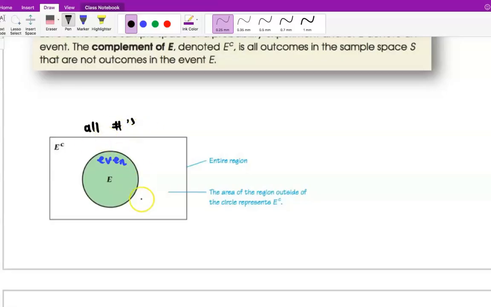So all numbers that we have. And here on this part we have the complement of E, meaning that I'm not going to have the numbers that I have inside the circle outside of that range. So on this part I have odd numbers. Here we have odd.